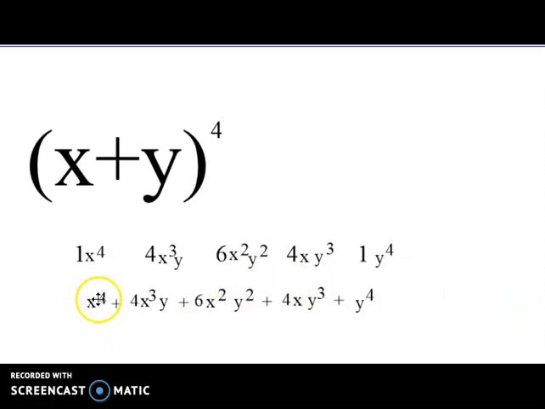Notice that my powers of every grouping comes to the power of 4.